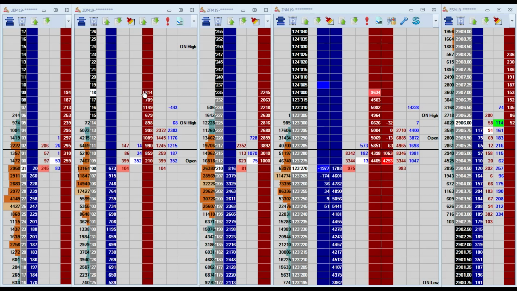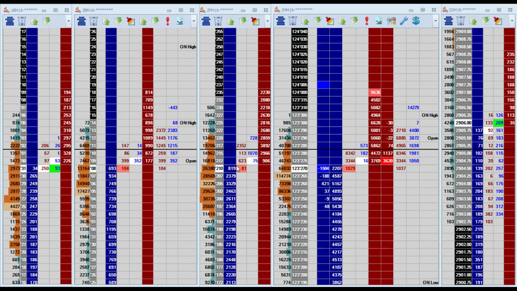Okay, so real quick review, like to do every morning, from left to right here. What are we looking at? There's 5 different products. All the way here on the left is the Ultra Bond, symbol UB. Over here we have the ZB, which is the 30-year T-Bond. Right here is the ZF.